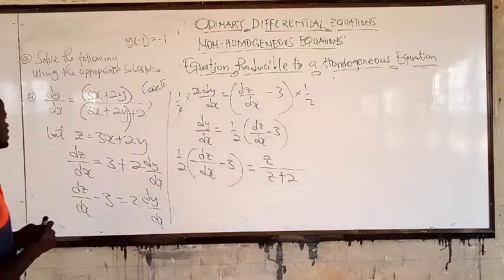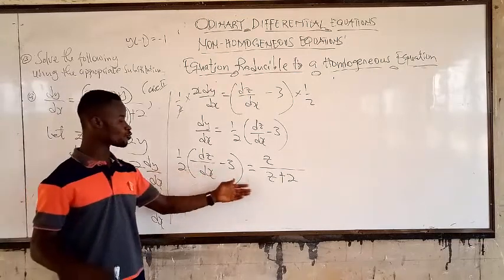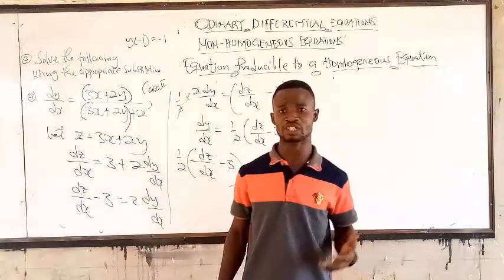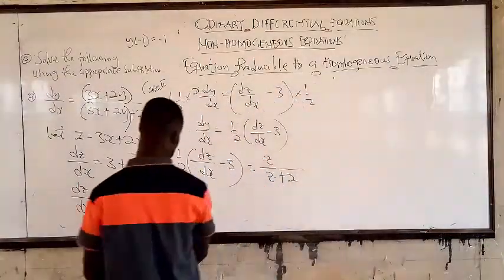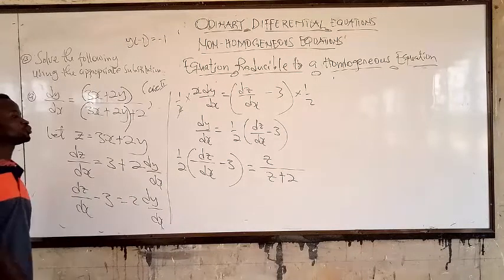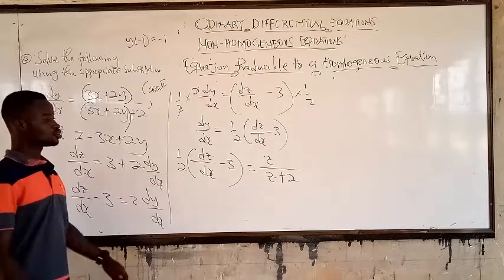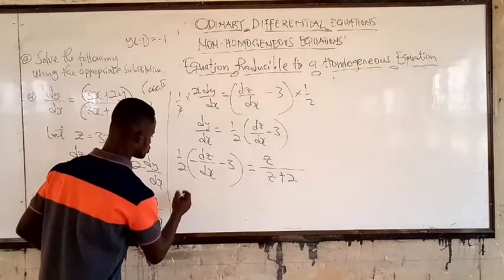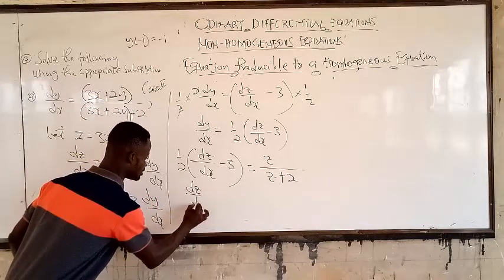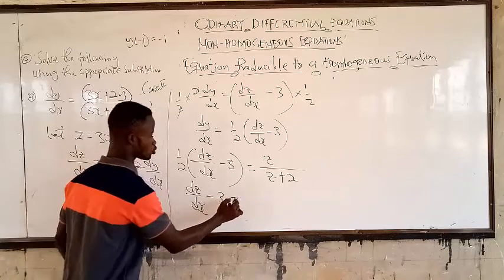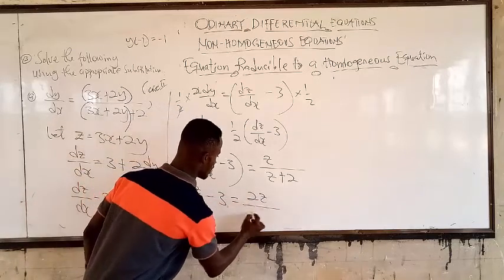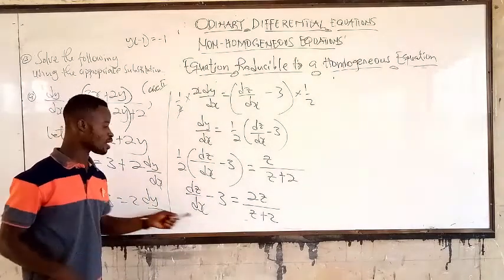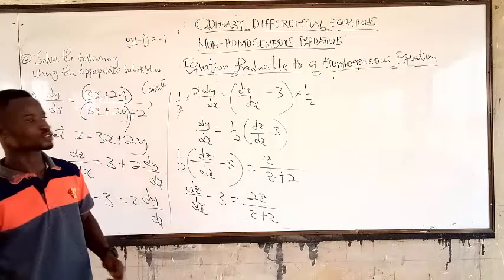You can see that everything is in terms of what? z and x. So we are now transforming into a separable differential equation. So here, what can we do? We want to remove this fraction. So what can we do? We can multiply both sides by 2. So we get dz over dx minus 3 is equal to 2z over z plus 2. We have multiplied both sides by 2, and that is what we have there.